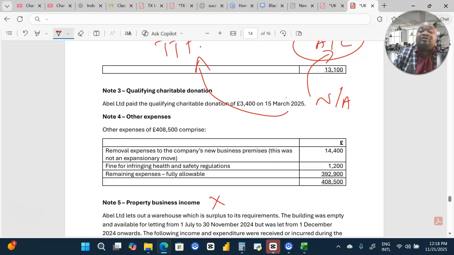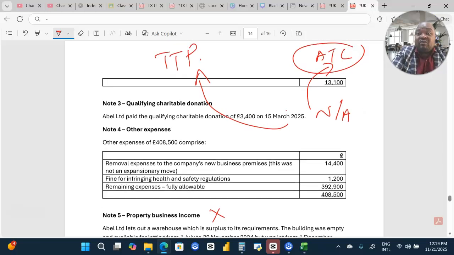I don't want you to come into my inbox and say, oh, but you say QCDs have to be deducted. Yes, they have to be deducted when we are now at the pro forma level. But we are still at the adjusted tax loss, trading loss stage.